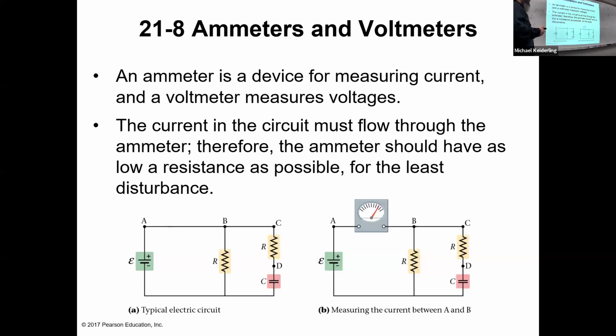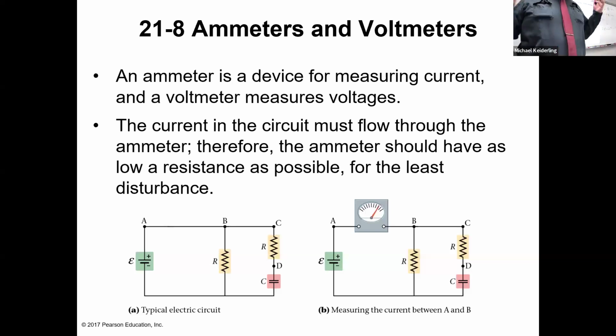So there are also ammeters and voltmeters. An ammeter is a device for measuring current, and a voltmeter is a device that measures voltage. We've used an ammeter in lab. Today we will use a voltmeter in lab. For an ammeter, the current has to flow through it.